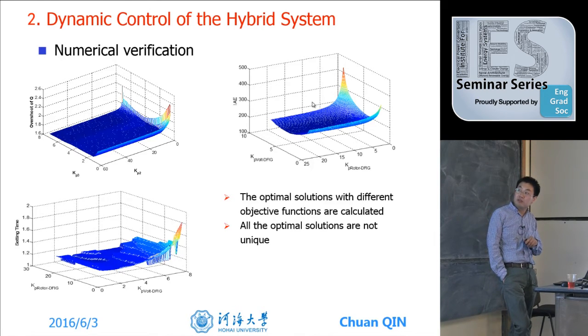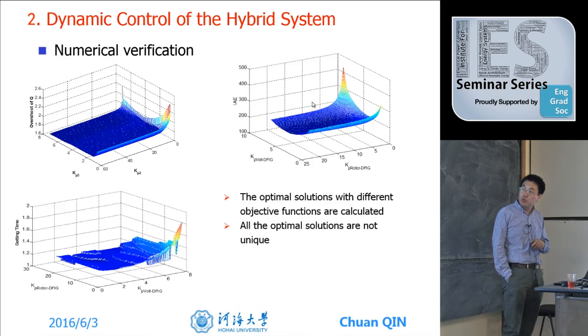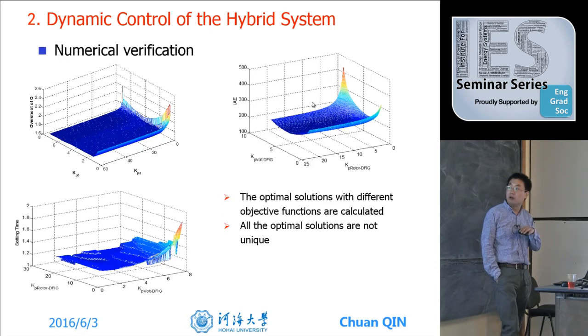You can see this in this area, and in this area. KP2 and KP3 have many solutions where the overshoot stays constant and at the minimum value.